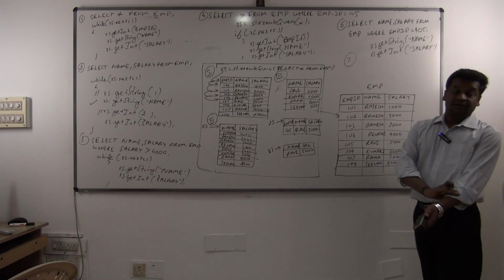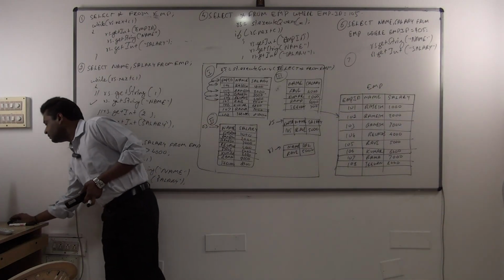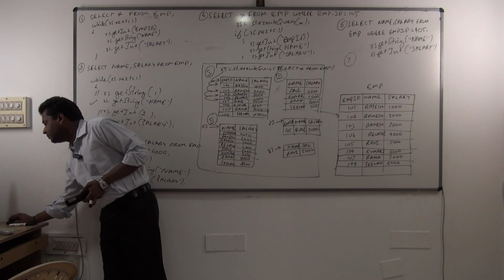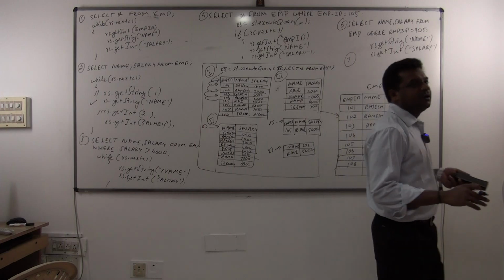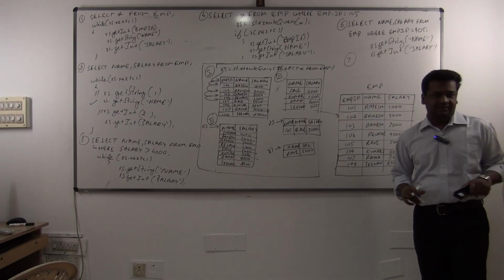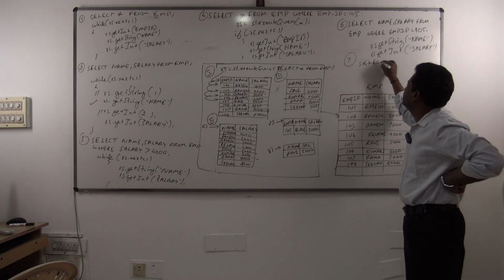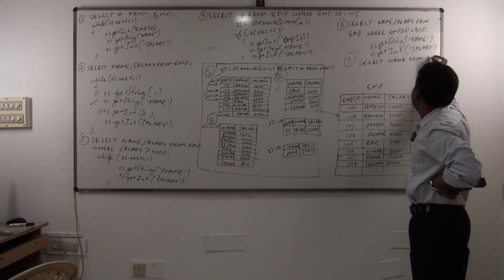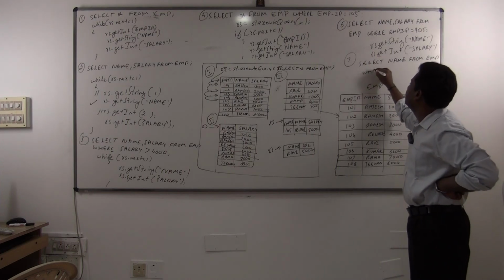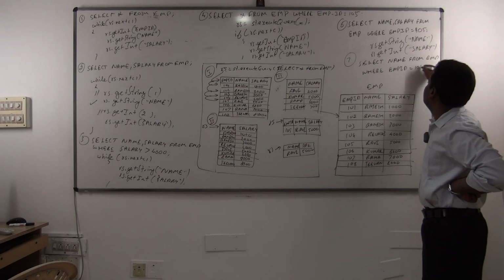Clear? For the last, I want only the name of employee ID 105. Very interesting. Select what will I write? Select name from EMP, where employee ID is equal to 105.